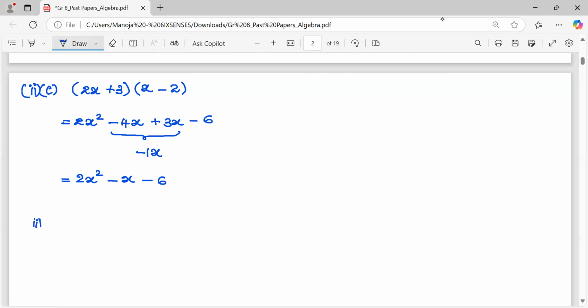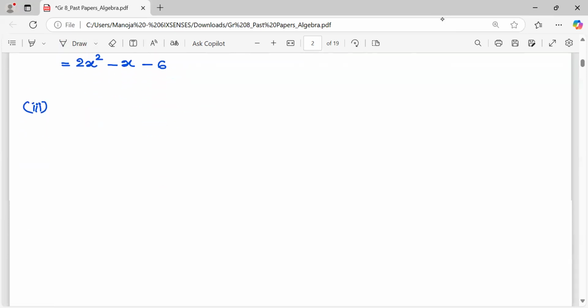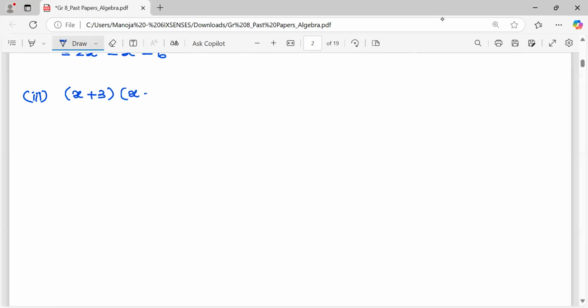Part 3, you want to do mindfully because you have 3 brackets. First you have x plus 3, and then you have x minus 2, and then plus. This plus sign is very important. Why? It segregates the question into 2 parts, right?